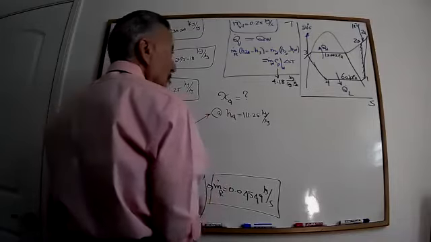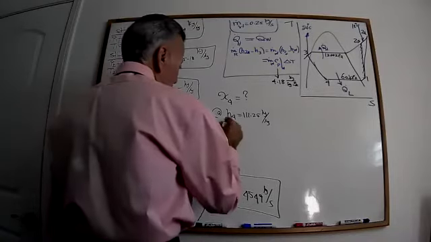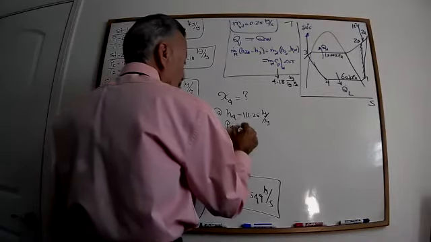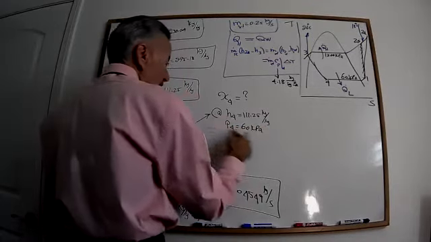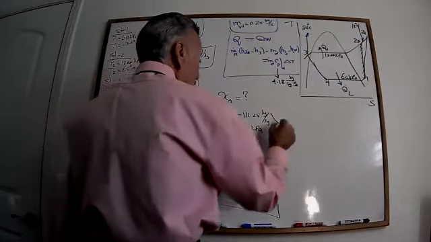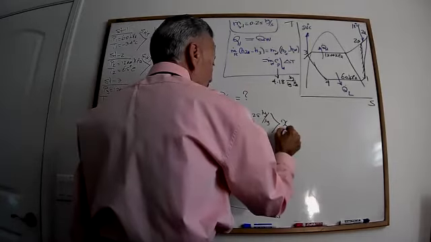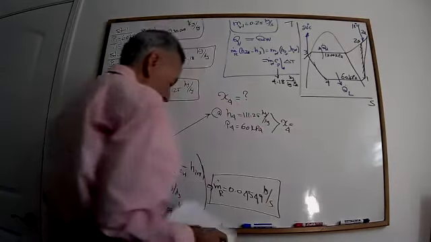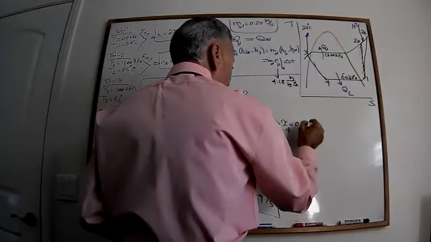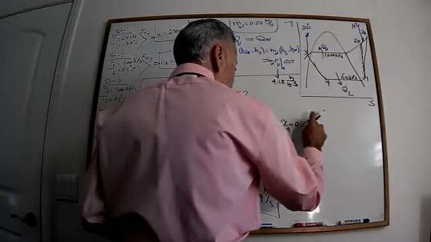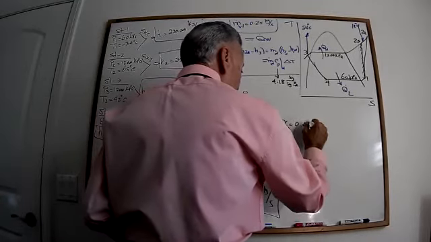The second information that we have is that P4 is equal to 60 kilopascal. These are the 2 points of reference. If I go to the table, I can very quickly find the value of the quality at 0.4 to be 0.4796.